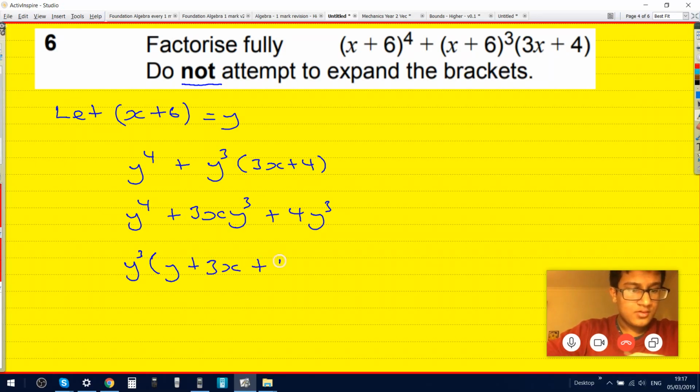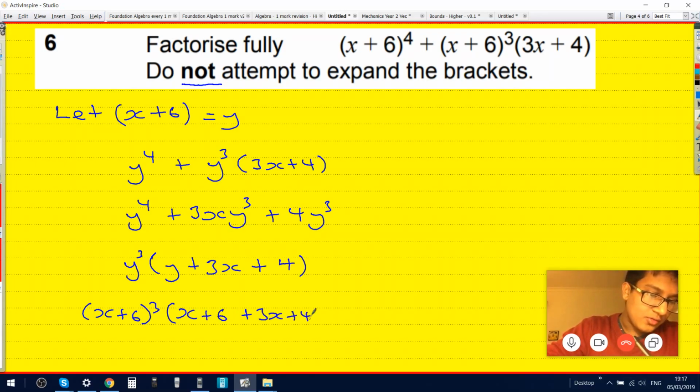So what would it be when you sub that back? So you've got x plus 6 cubed, and then x plus 6 plus 3 plus 3x plus 4. Mm-hmm. You've got x plus 6 cubed, and then you've got 4x plus 10.